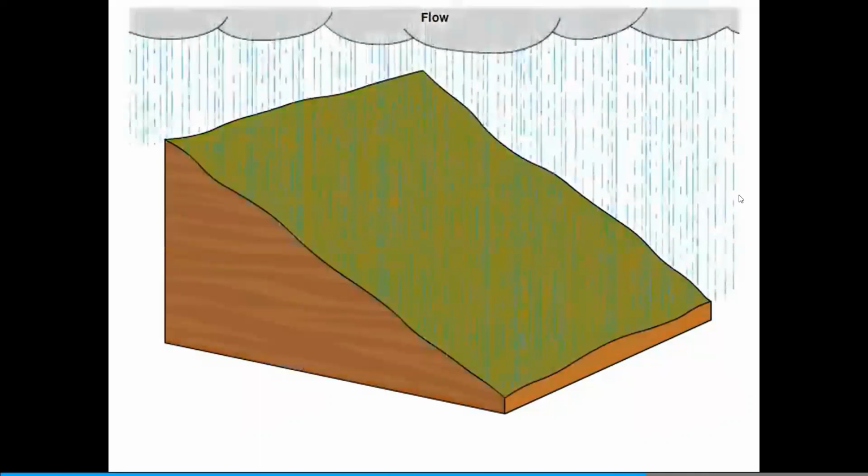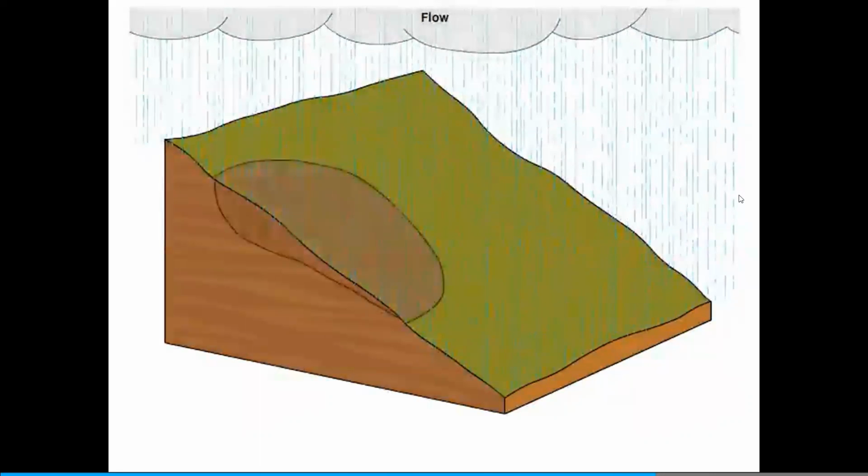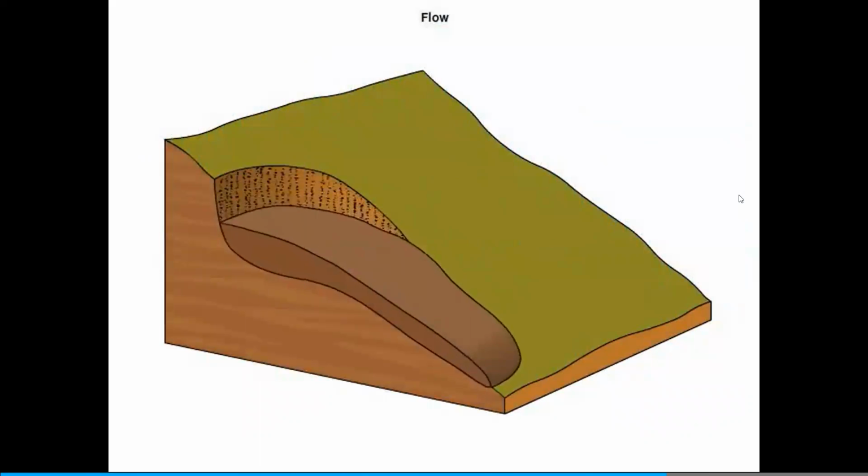In the mass wasting process of flow, very wet, weathered rock material flows downslope. The type of flow you see here is known as earth flow. Earth flow develops when a section of a water-saturated slope fails and begins to flow downhill. Another kind of flow, known as mud flow, can develop in mountain drainage basins, especially in arid regions.